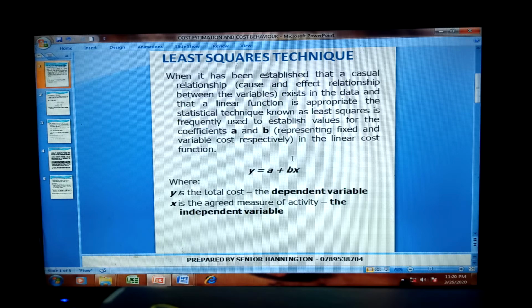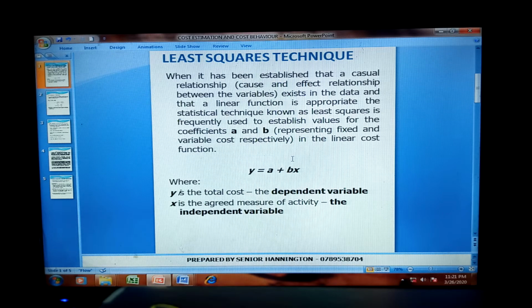This technique can be used to establish values for coefficients A and B. Remember, I told you that A represents a fixed cost, then B is your variable cost per unit in that linear cost function.